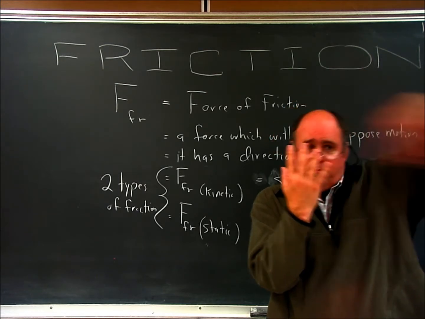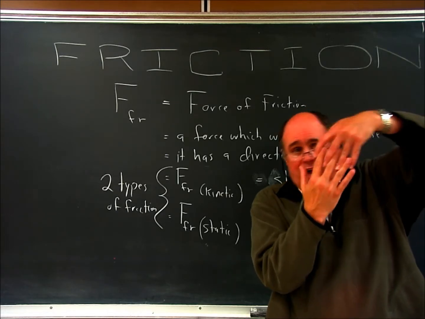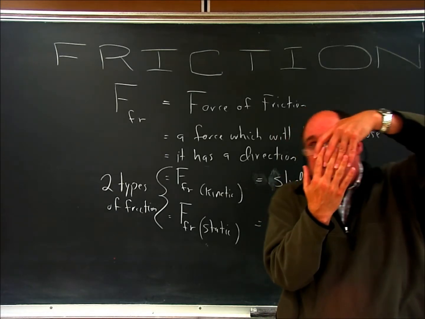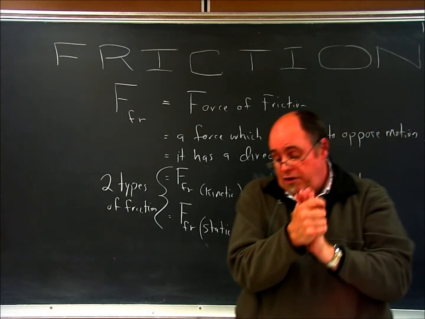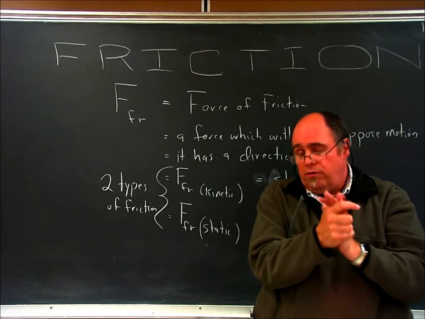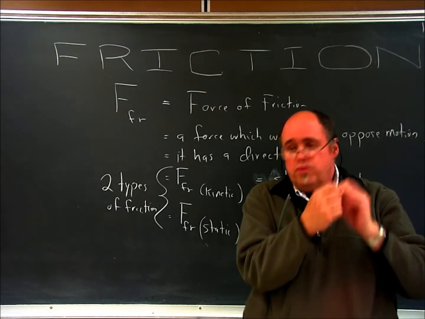If I attempted to push them this way, these interlocking fingers oppose and restrict motion. The way you could successfully slide something across a table or a floor is to push hard enough to break those bonds.